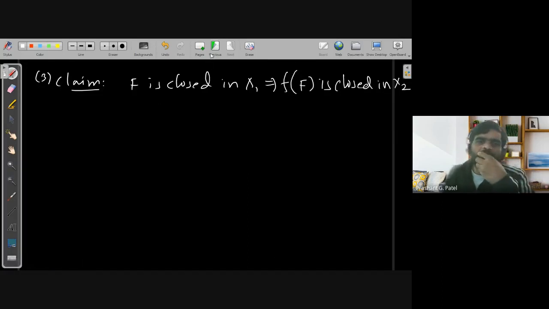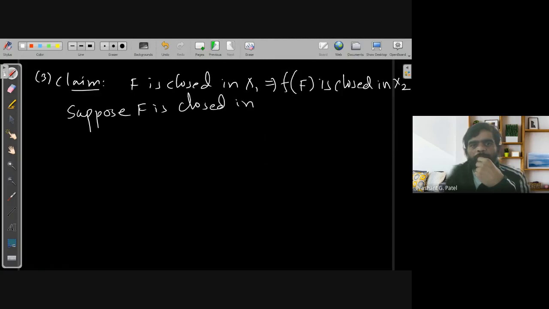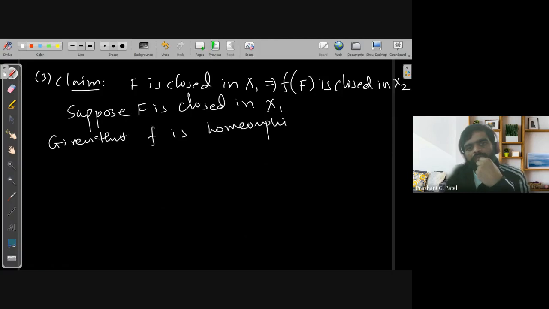Again with the same argument as we did here. Suppose that F is closed in X1. Given that F is a homeomorphism, therefore F inverse is continuous from X2 to X1.